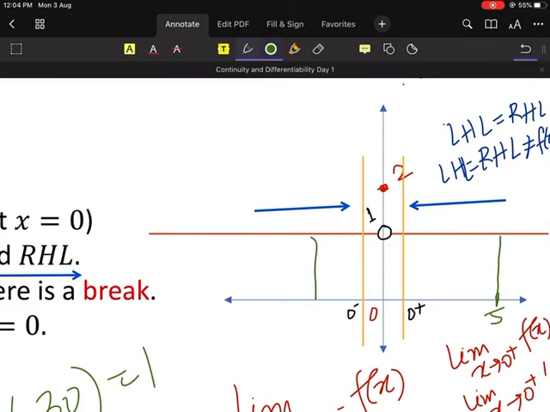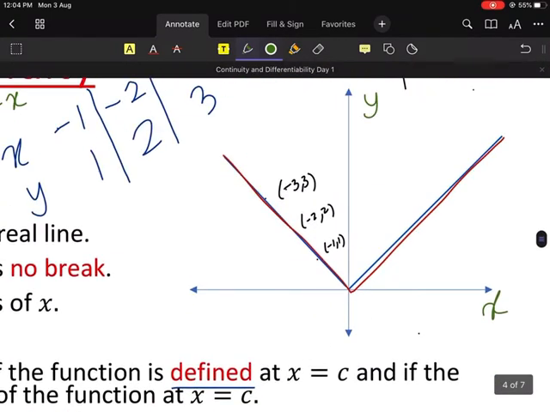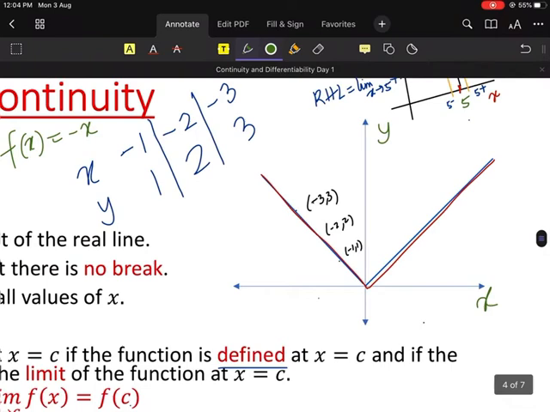It is continuous at 1, it is continuous at 2, it is continuous at 3, minus 1, minus 2, minus 3, 1, 2, 5, like this. If I say a function is continuous, then the function has to be continuous at every single point. Understood? Here the function is not continuous because it's not continuous at the point 0.